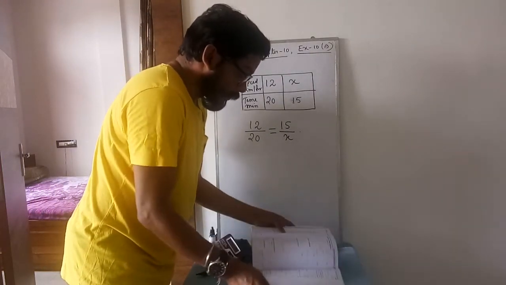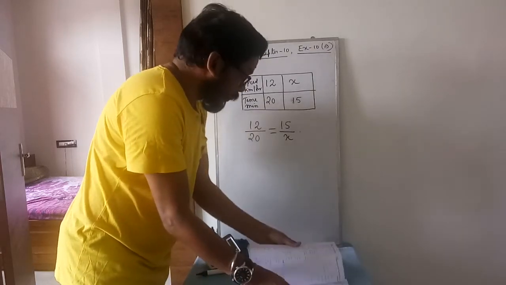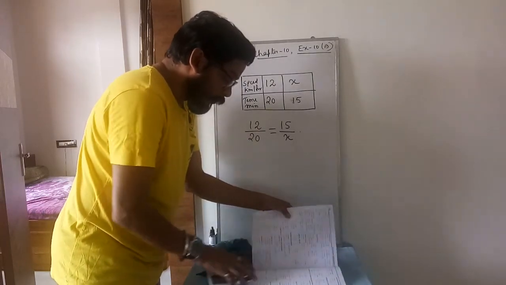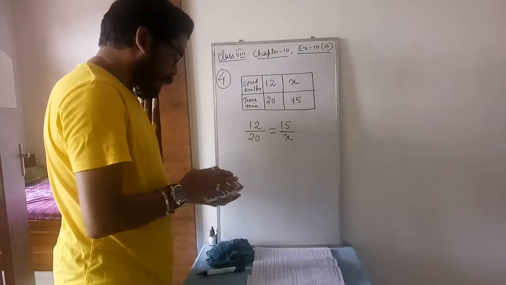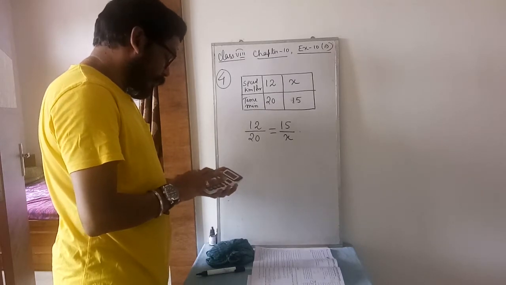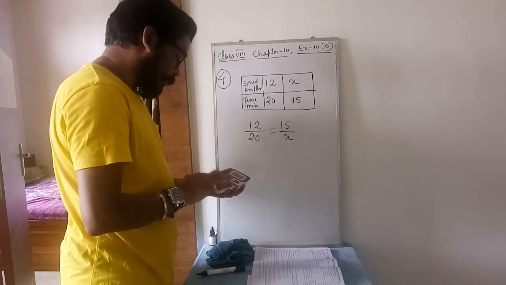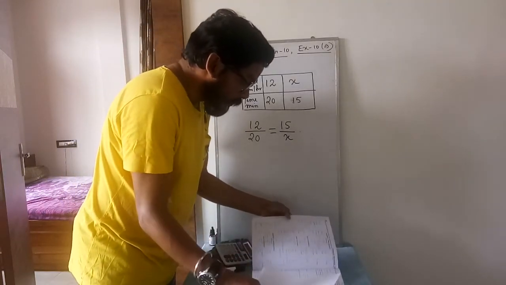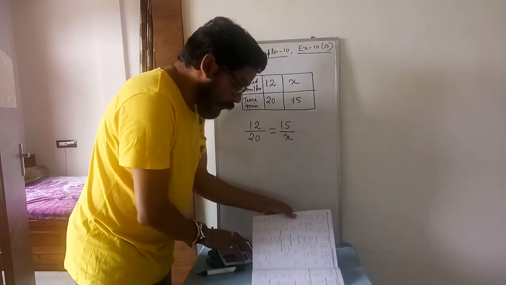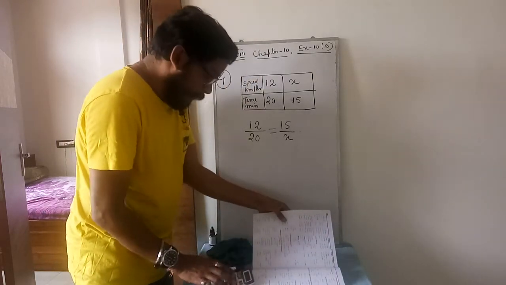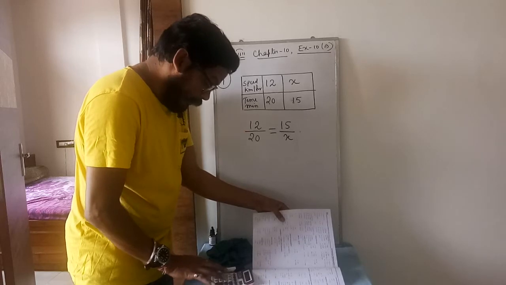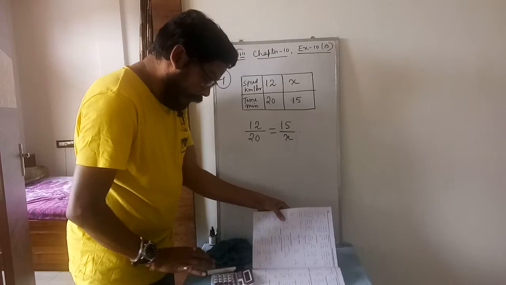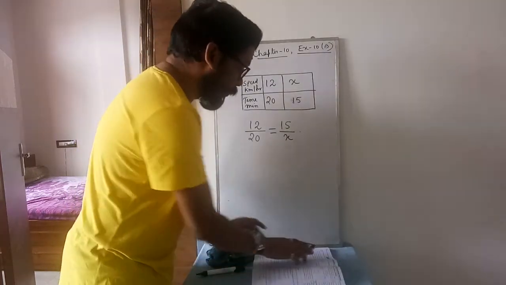Let me check the solution part also. What is the solution here? 10B, question number 4, no? Question number 4. So it is 20. Just a minute. I was just confused in this matter only. Here was a mistake which I have done.